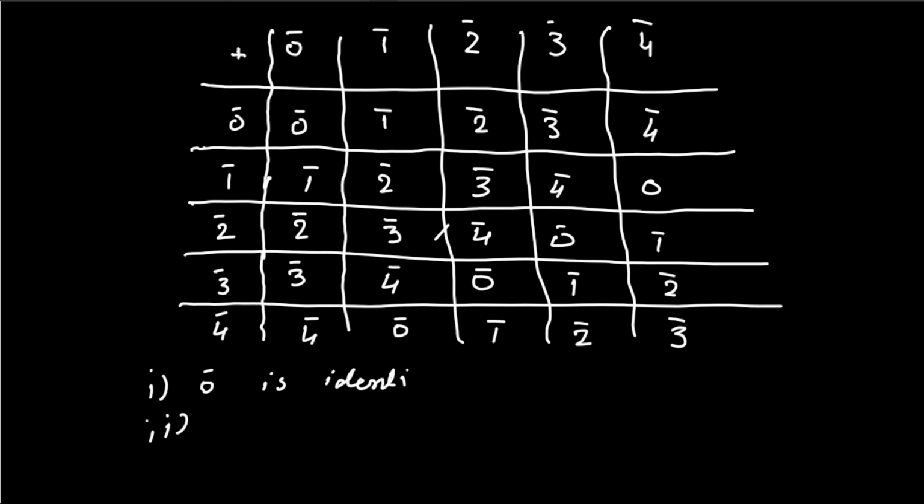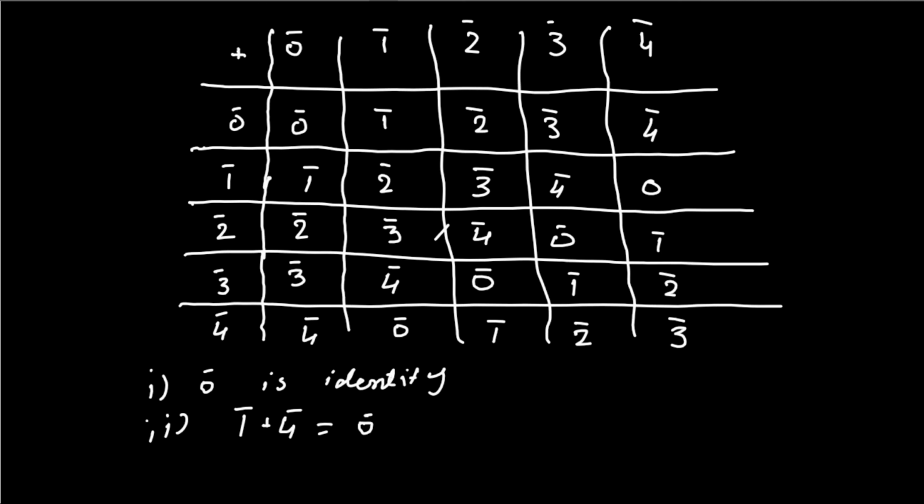If we check over here, 0 is the identity element, because after adding 0 we get the same element, and this defines the identity in any set of residue classes.